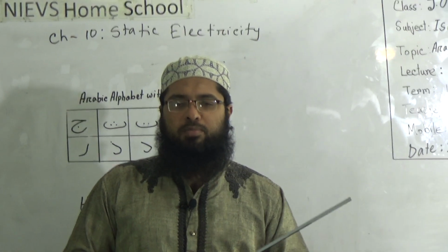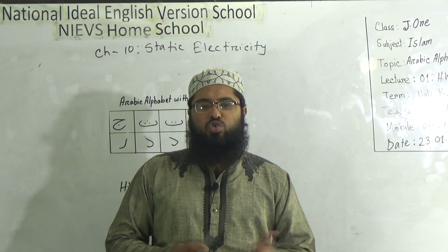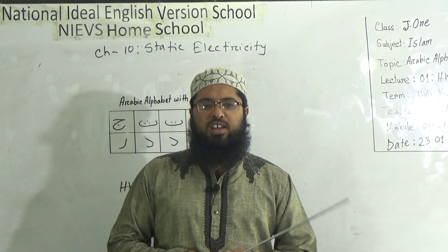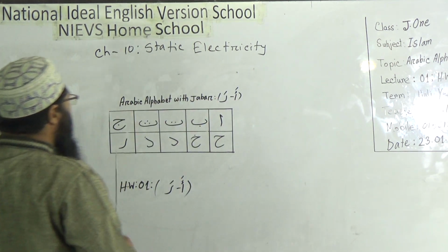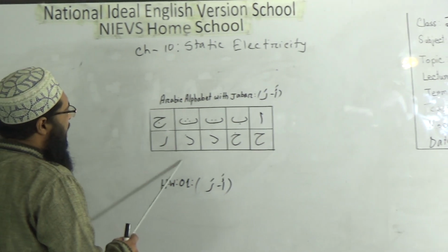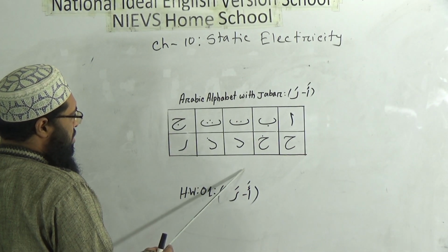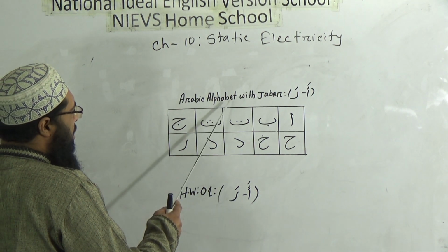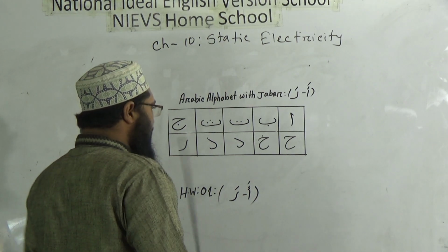Inshallah, today we will learn Arabic alphabet with Jabar from Alif to Ra. So let's start. At first, look at the board. Here I have written 10 Arabic alphabets. Now we will learn Arabic alphabet with Jabar.